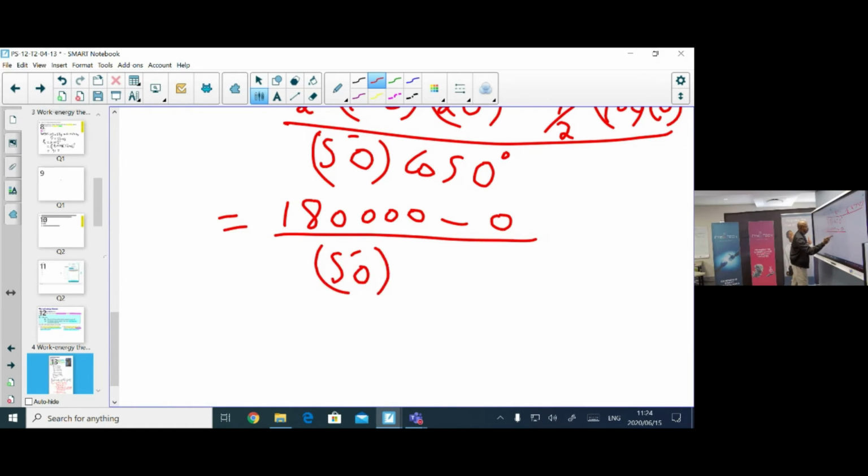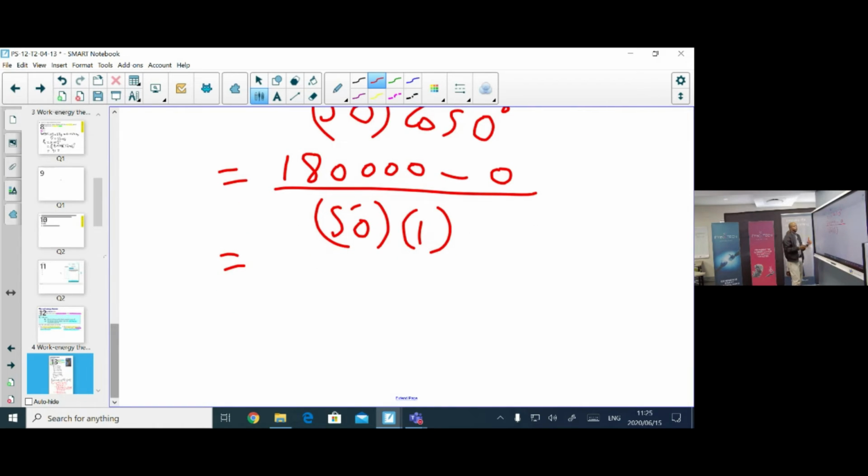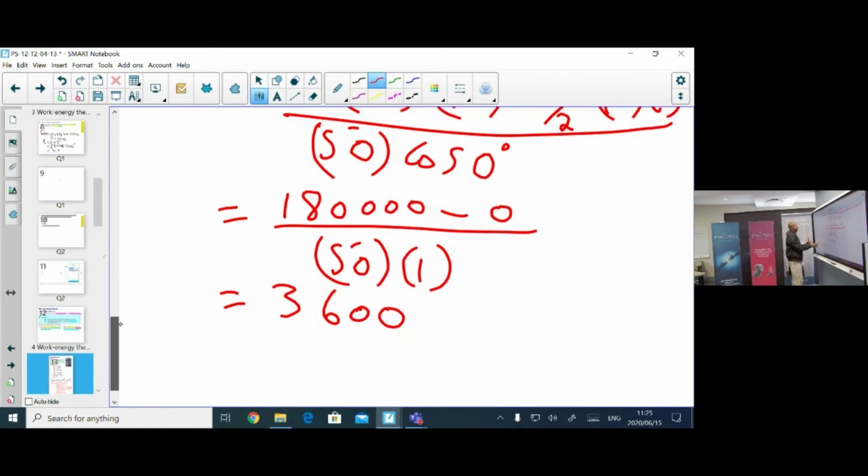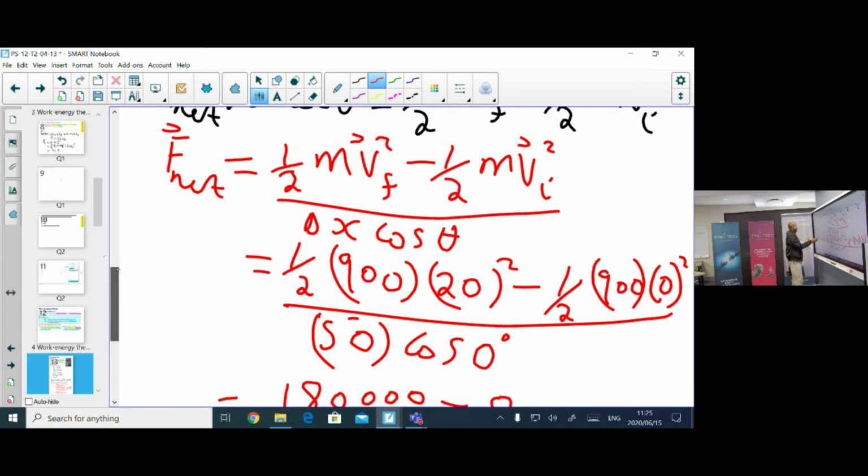Let me do it like this, multiply by 1, because cos 0 is equals to 1. Which is equals to 180,000 divided by 50, which is equals to 3,600.